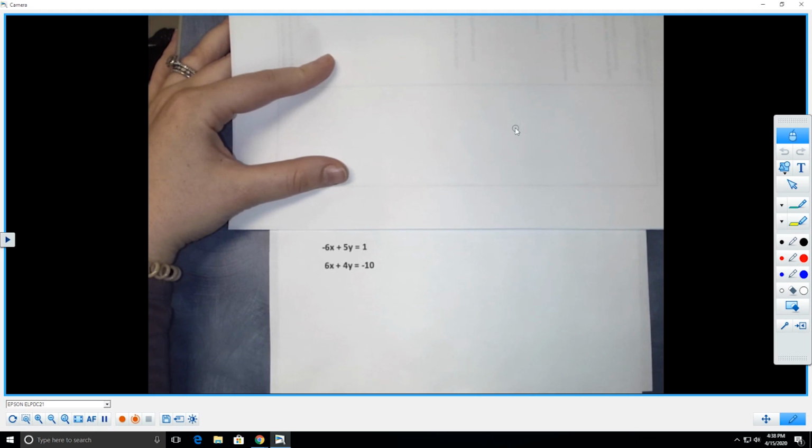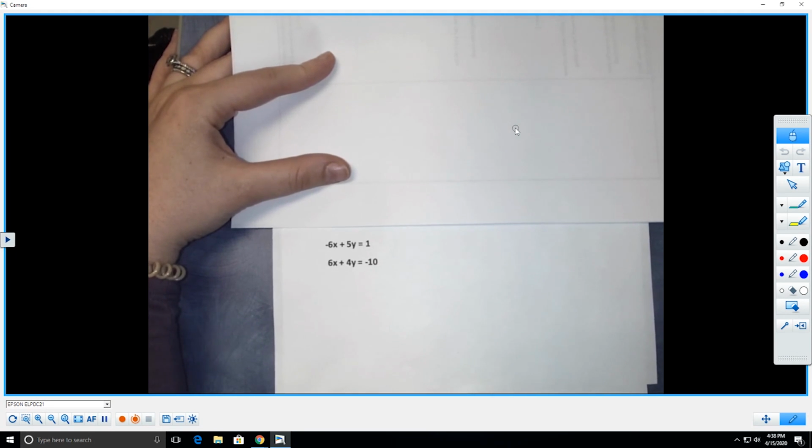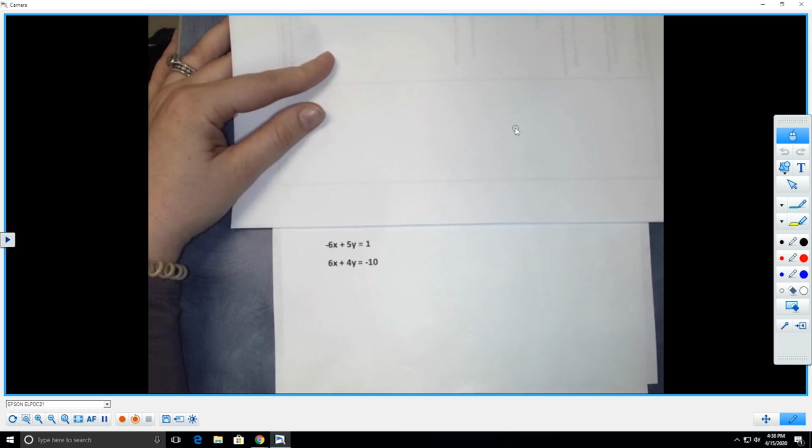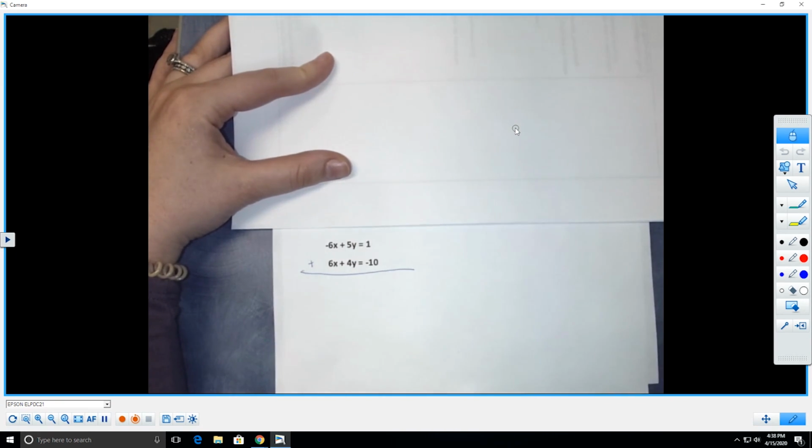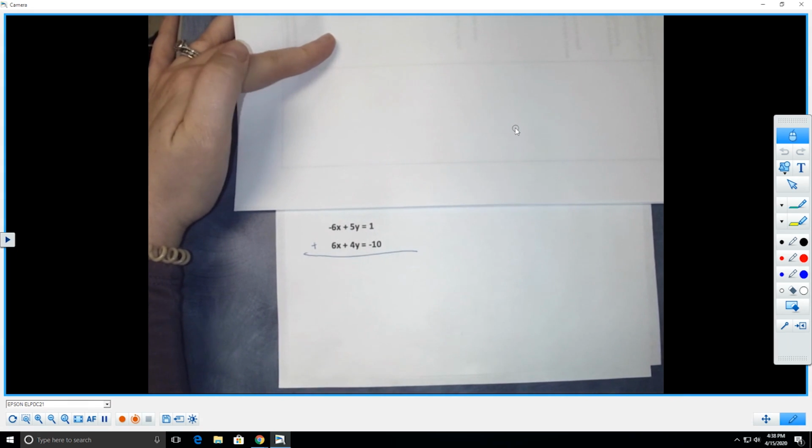I think we can use the addition property of equality to add the equal values of both sides of the equation to eliminate x. So let's add those together and see what you come up with.